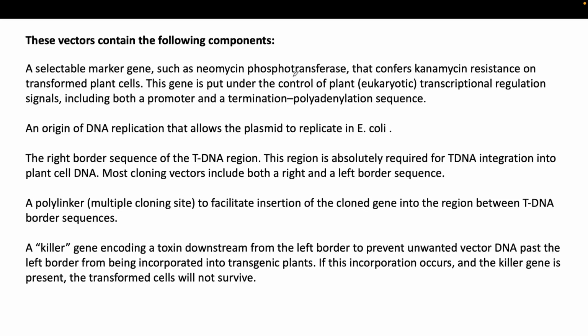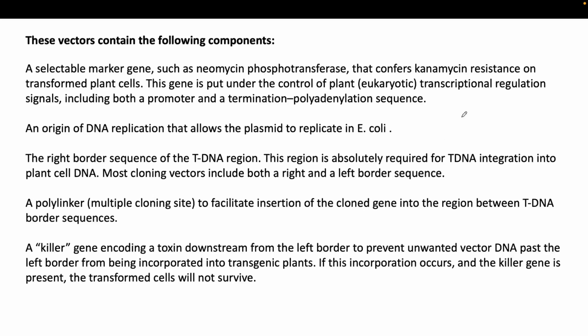We have to add it in this plasmid so that it confers kanamycin resistance on the transformed plant cell. Those cells which have this kanamycin resistance gene will be the only ones to grow on the plate which contains kanamycin.